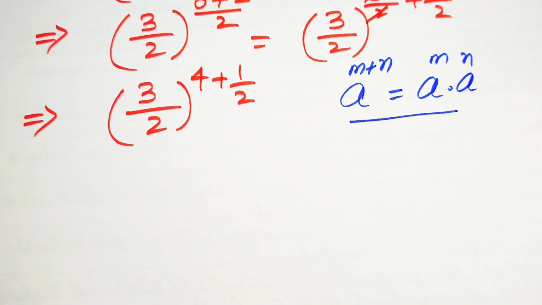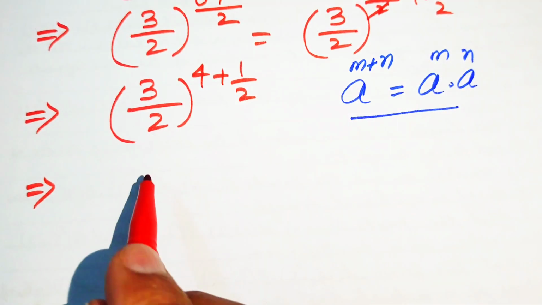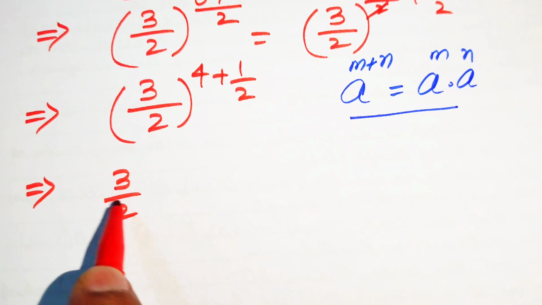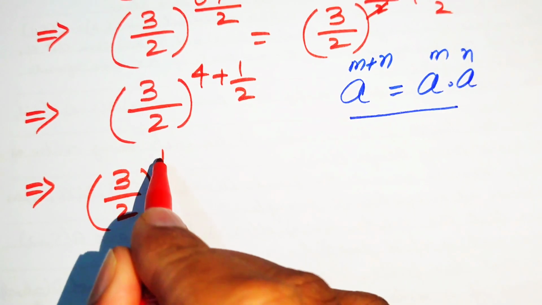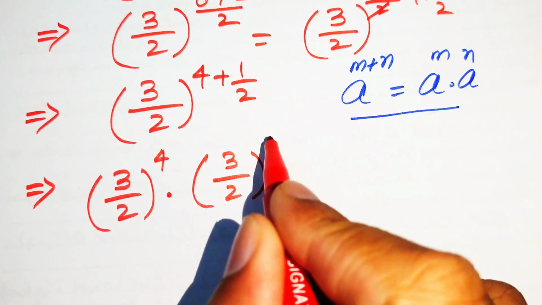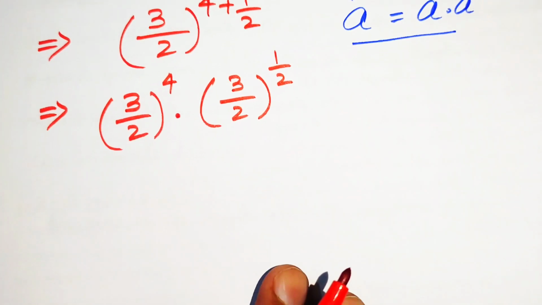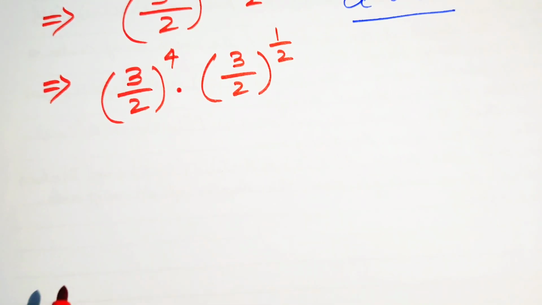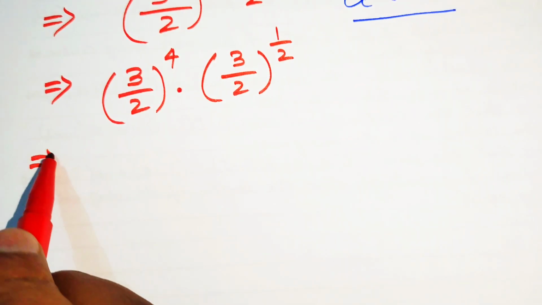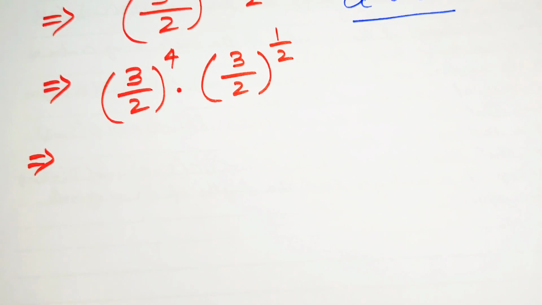We apply this exponential law on this term and break the exponent, and it is written as 3 over 2 and its exponent is 4 multiplied by 3 over 2 and its exponent is 1 divided by 2.